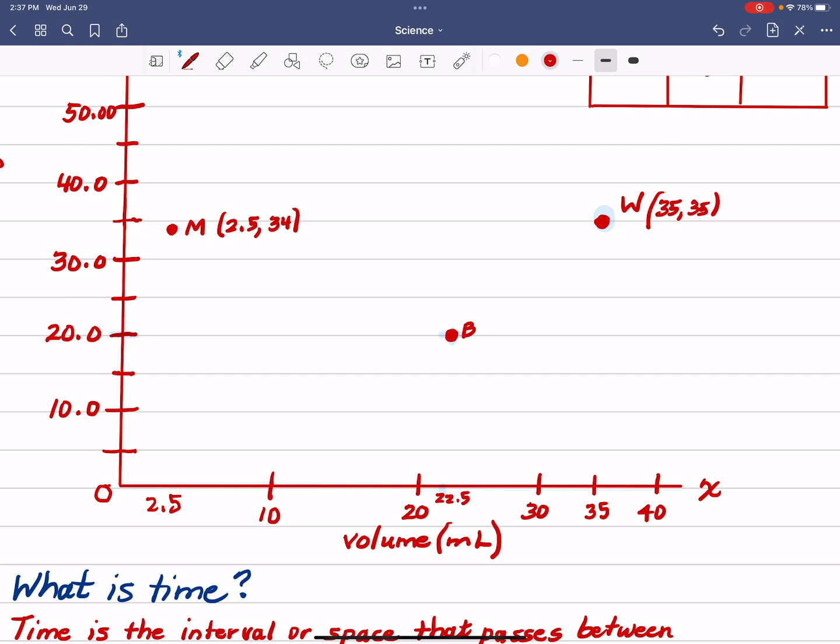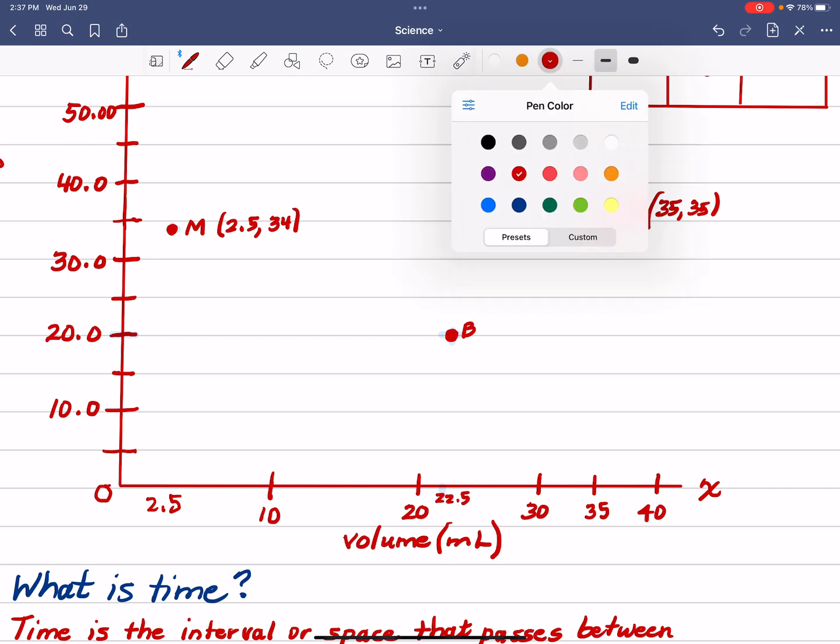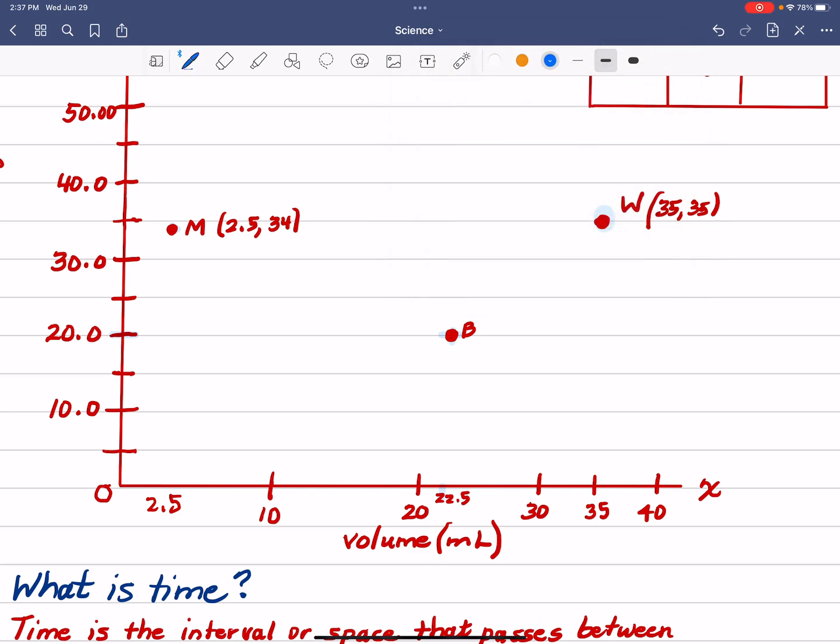Now, I'm going to draw a line. Let me think. Yes, I'm going to draw a line through each of these points, and I'm going to change the color of that line. So a straight line, just bear with me here. I'm always going to start here at origin, and I'm going to take that line through point B. I didn't quite nail it down. I'm still not nailing it, and I maybe can't. There we go.